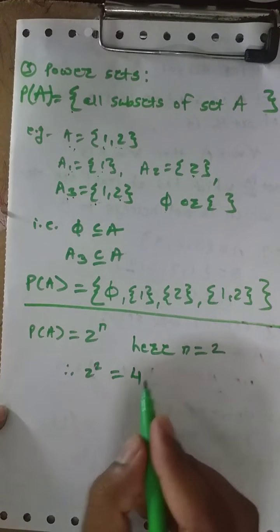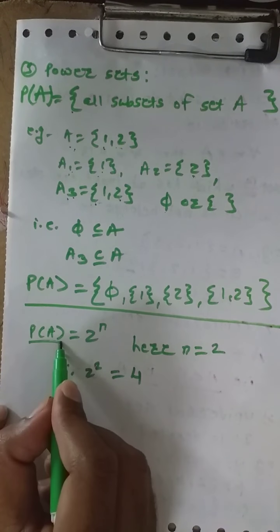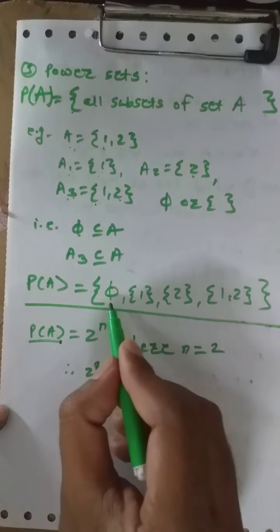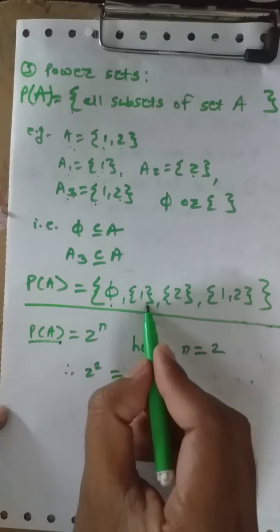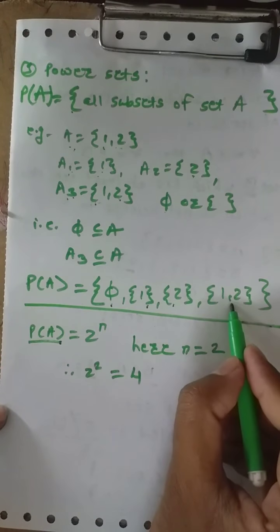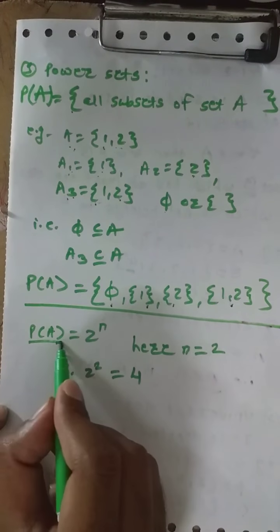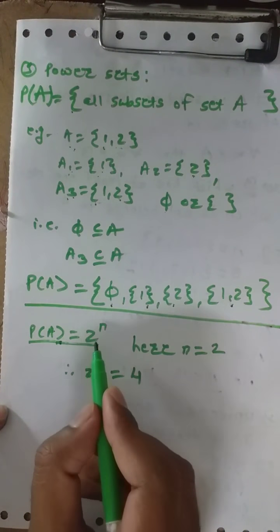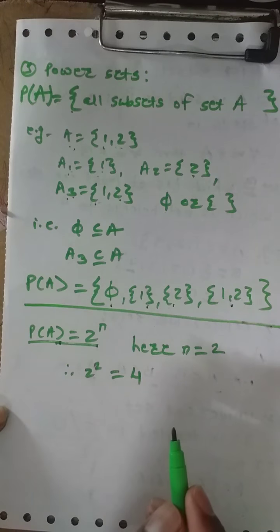So 4 elements should be present in the power set of A. This is the formula to calculate the number of elements present in the power set.